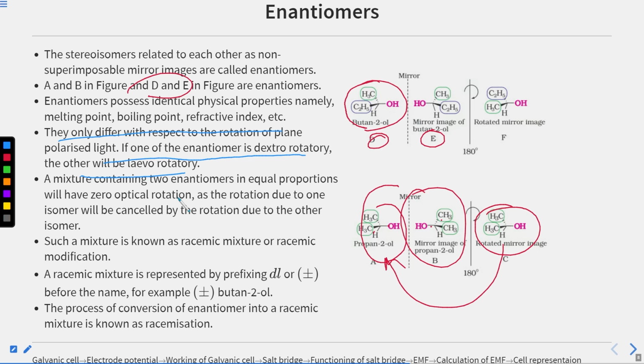Now if you take such enantiomers and mix them in equal proportion in a container, they will show zero optical rotation, because one is trying to rotate the light to the right and the other one to the left. Since we have taken the same concentration, this will be cancelled out and there will be no net rotation.